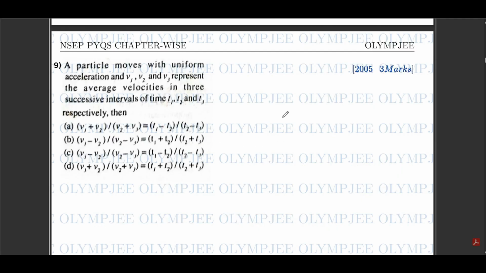The ninth question says a particle moves with uniform acceleration and v1, v2 and v3 represent the average velocities in 3 successive intervals of time t1, t2 and t3 respectively. Then, so let's make a diagram.